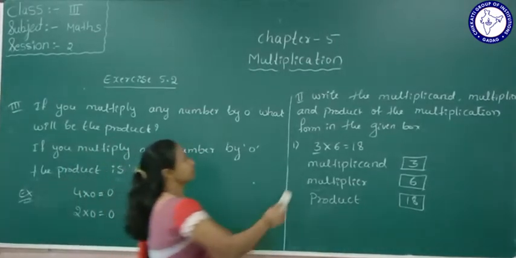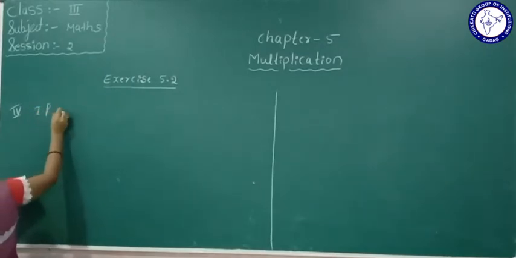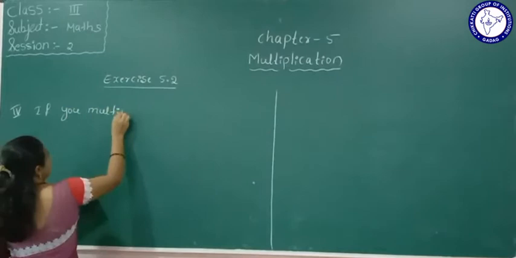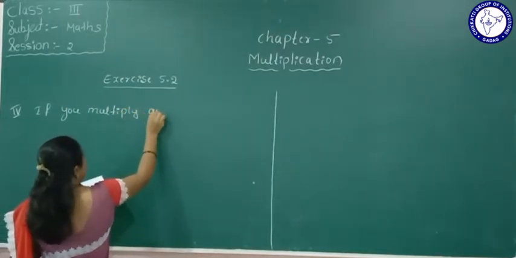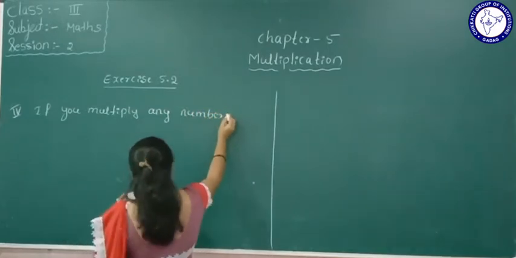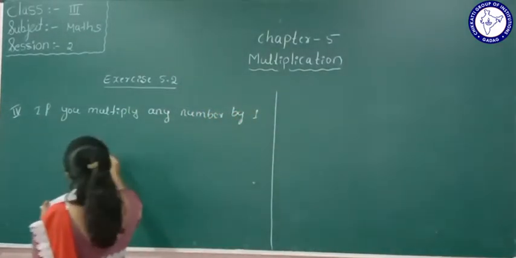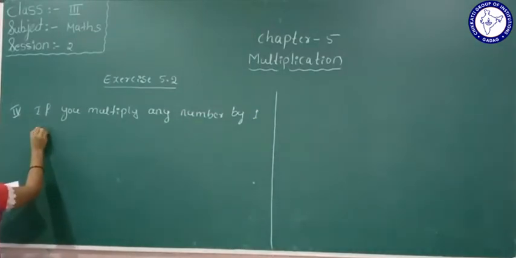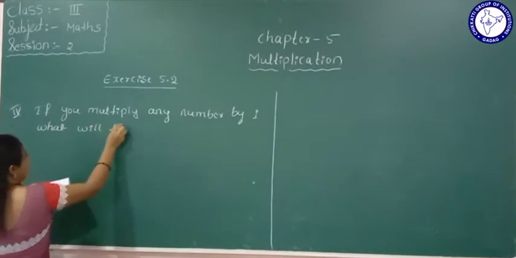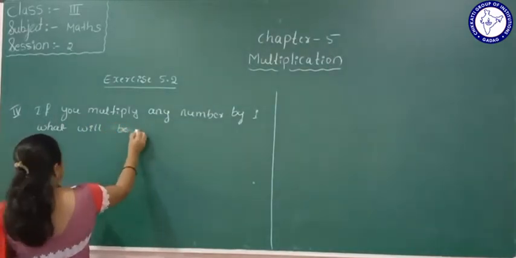See here, that is the fourth question. If you multiply any number by 1, what will be the product?